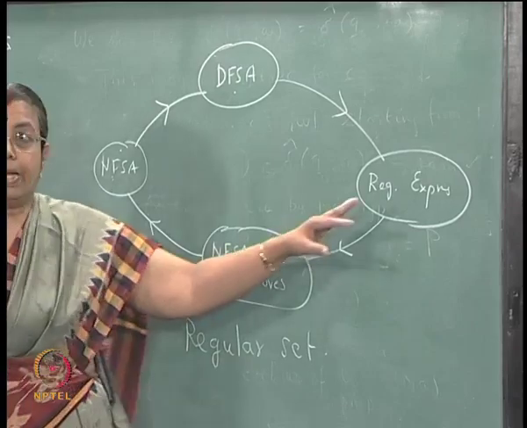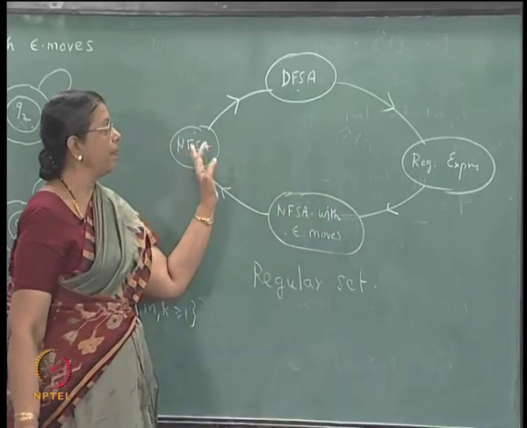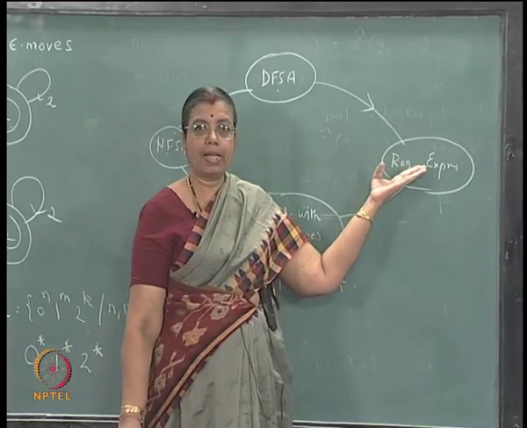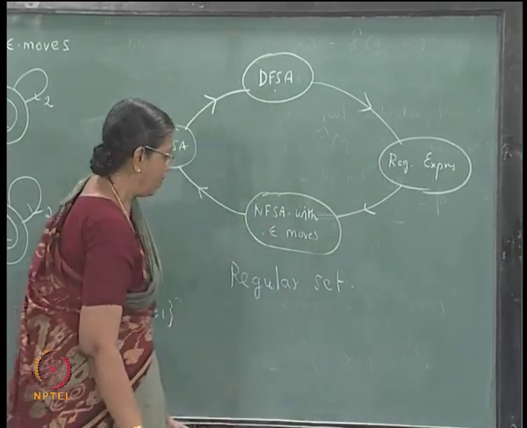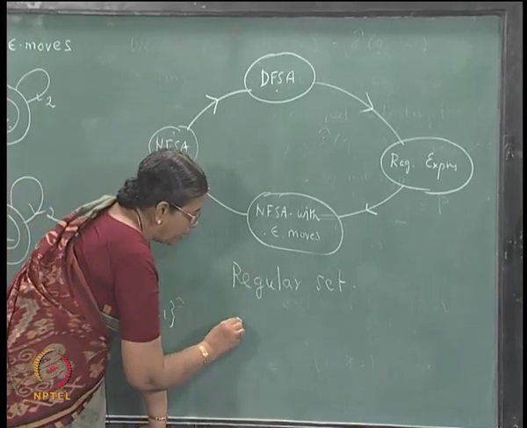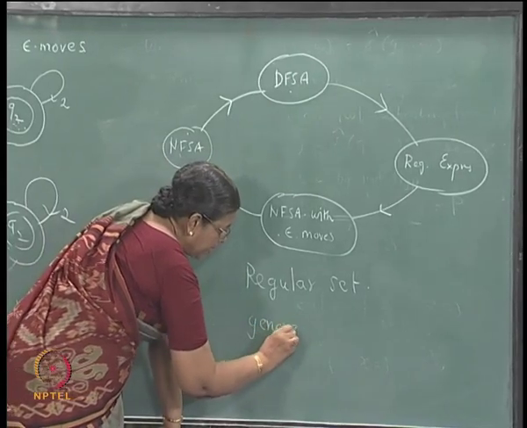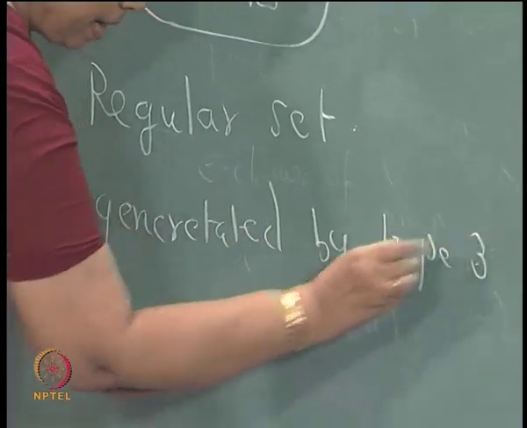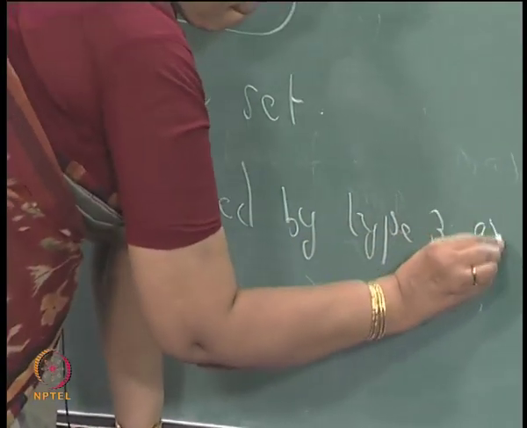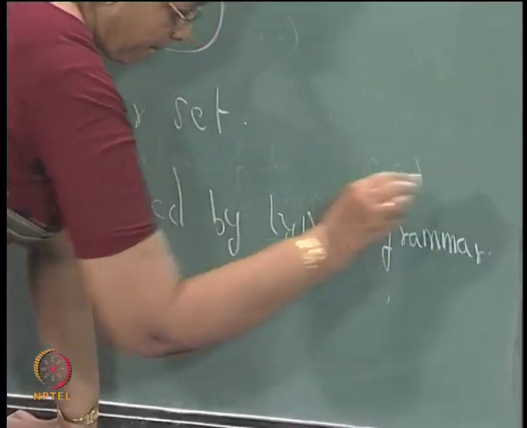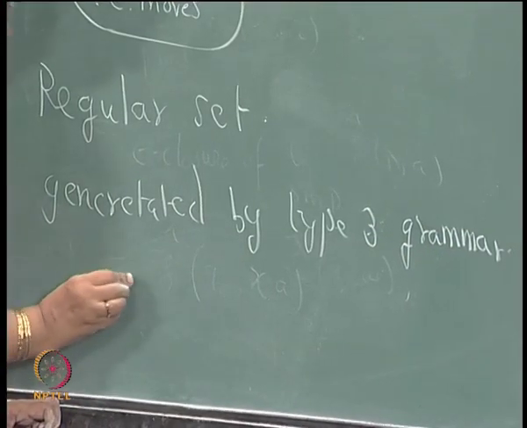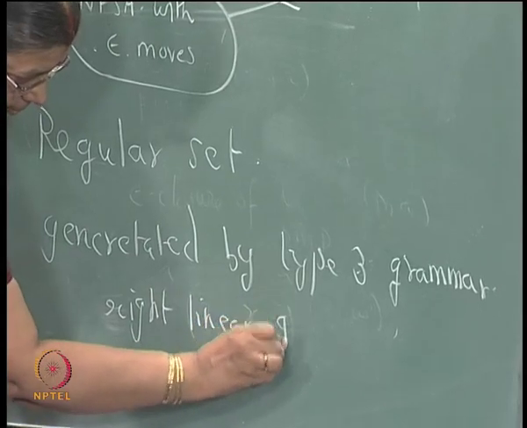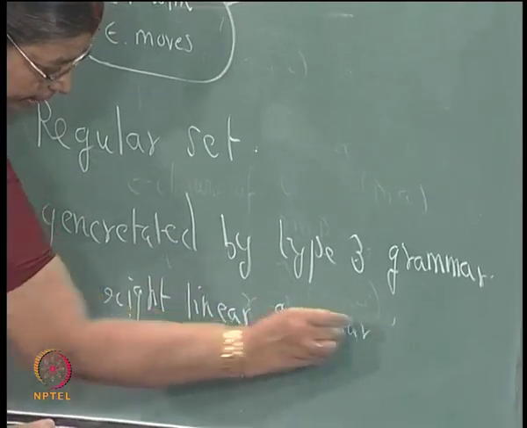The language accepted by these, the language represented by a regular expression, and a language generated by type 3 grammar or a right linear grammar or a left linear grammar is a regular set.